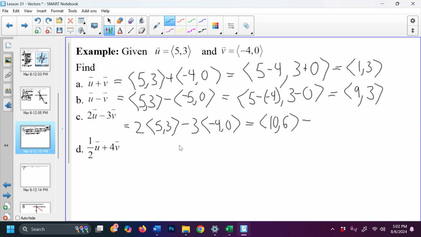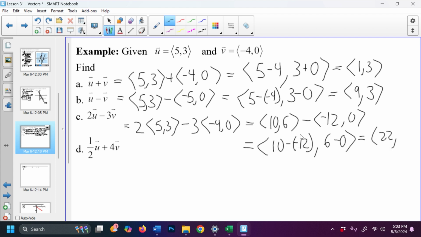And I'm subtracting still. So 3 times negative 4 will be negative 12. And then 3 times 0 will be 0. And so here I will have 10 minus negative 12, comma, 6 minus 0, which will give me as my final answer for this one, again, plus a positive, so I will have 22, comma, 6 as my final answer for that one.